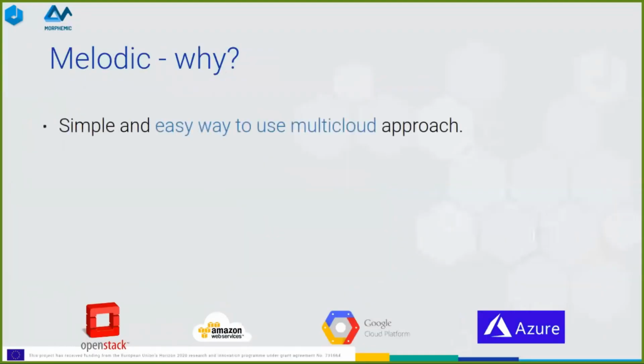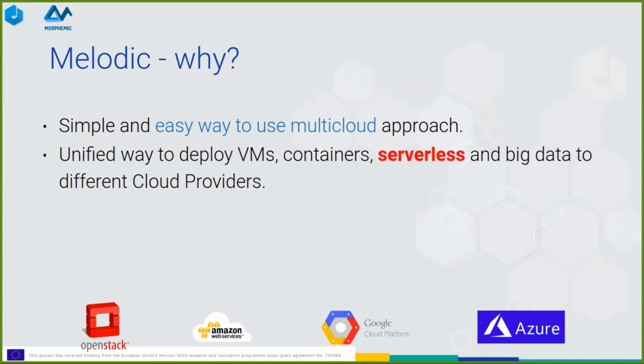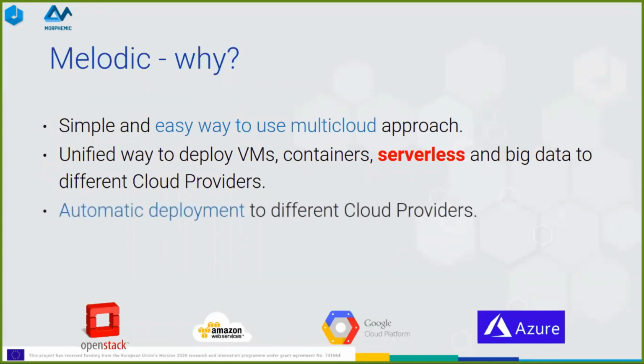Why use Melodic? Probably it is the simplest and easiest way to use a multi-cloud approach, because you don't need to learn many cloud providers and many different consoles, and can use only Melodic to deploy to the multi-cloud. It is the unified way to deploy virtual machines, containers, serverless, and also big data frameworks to different cloud providers.